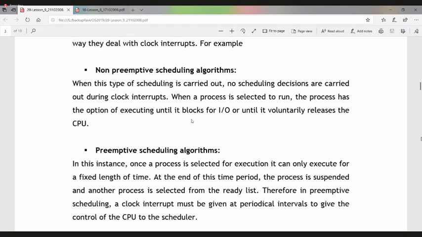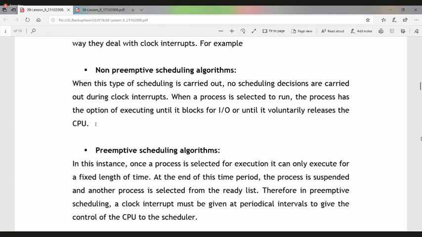Non-preemptive scheduling algorithms. When this type of scheduling is carried out, no scheduling decisions are carried out during clock interrupts. When a process is selected to run, the process has the option of executing until it blocks for I/O or until it voluntarily releases the CPU.